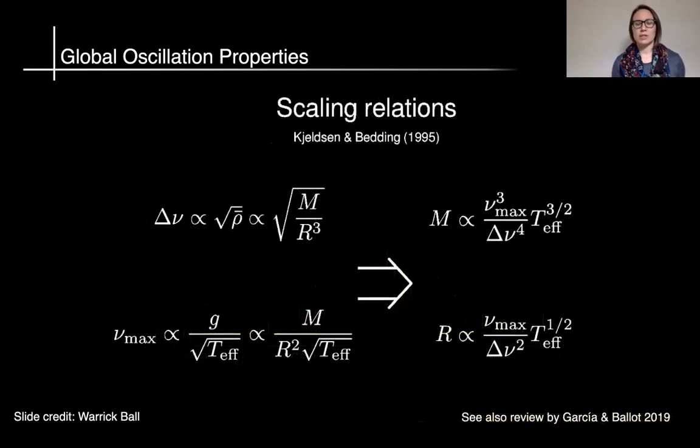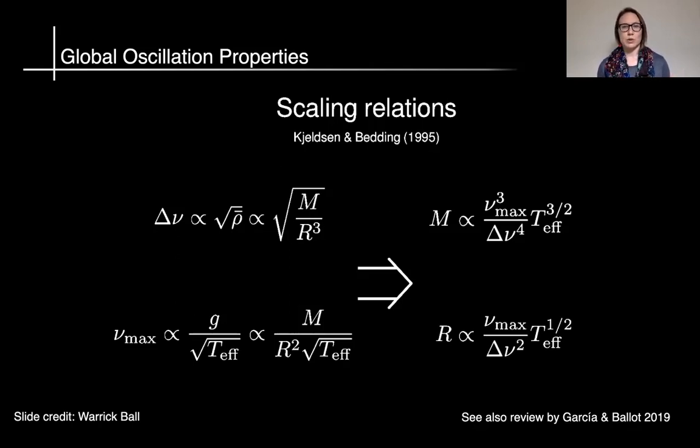These correspond to physical parameters of the star, such as the mass, the radius, and the effective temperature. So from astroseismology, we can derive fundamental parameters about our star, which, as you'll see in the other talks, is key to then pinning down the fundamental parameters for our planet.